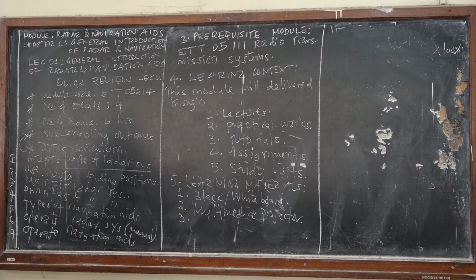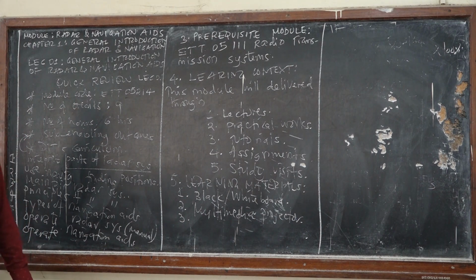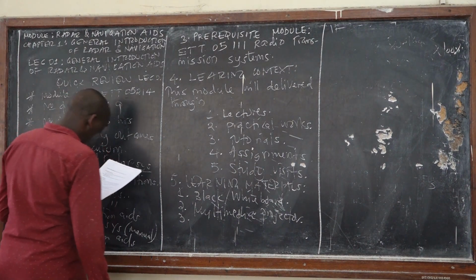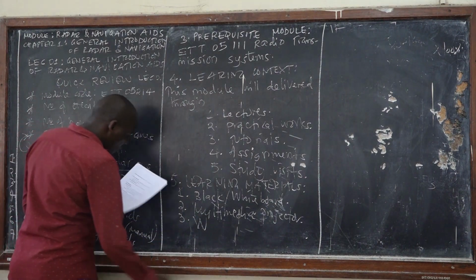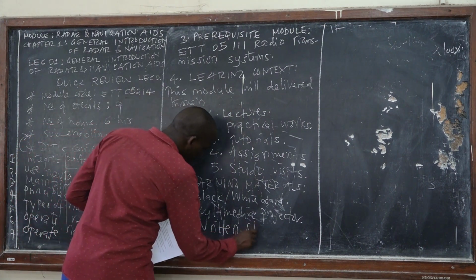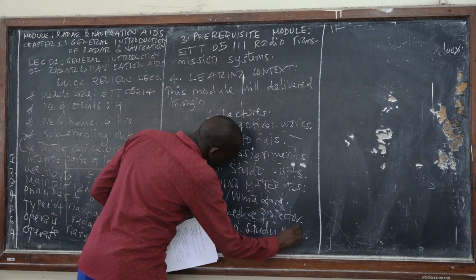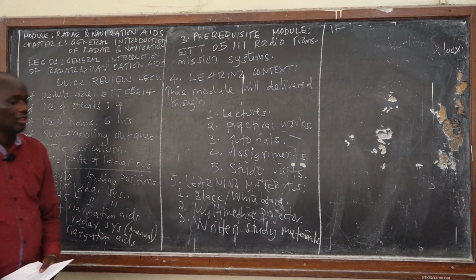Maybe he or she knows projector, but does not know multimedia projector, so he or she might think this is new vocabulary. No, a multimedia projector is a projector. Then we can also use written study materials, for instance, notes.